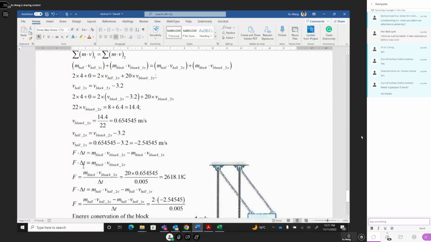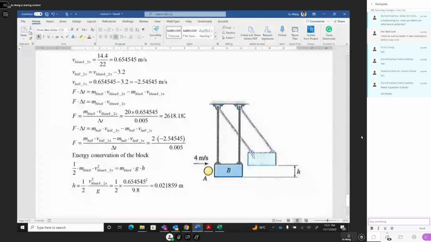So that's why you multiply by how many seconds? 0.05 second. Okay, and this block mass is 20. V block 2x, we calculated, is this one, 0.654, and this one calculates, you get this force will be 2,618. This force, the impact force, acts on this block.